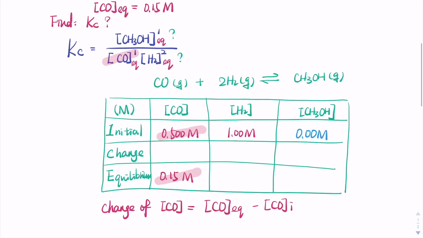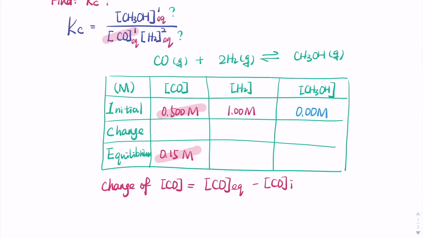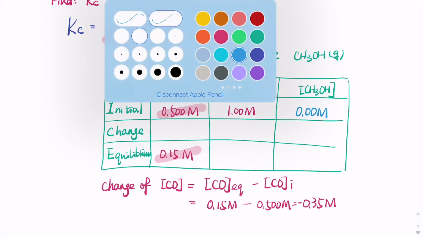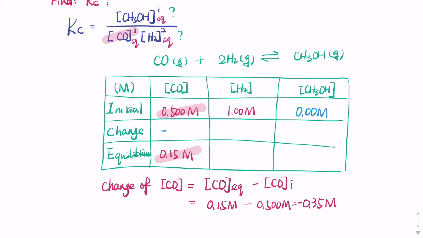That equals 0.15 minus 0.5, so it's negative 0.35 molarity, and let's put that number into our table.